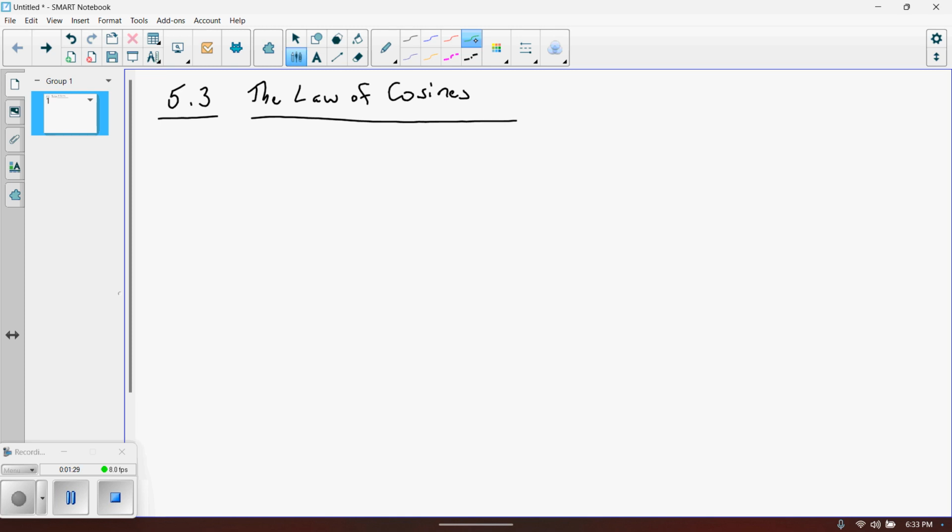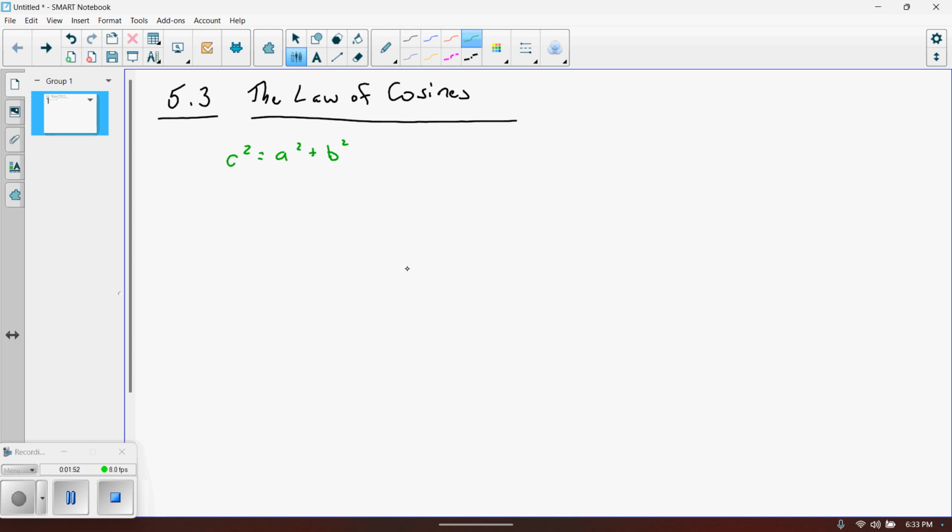The law of cosines. Again, there are three versions. All of them are really the same thing, and you'll hopefully see what I mean. The law of cosines says that c squared equals a squared plus b squared, which is not the full formula, but hopefully you recognize that as the Pythagorean theorem.